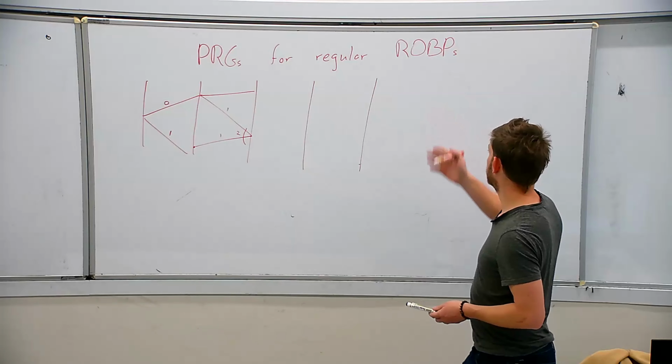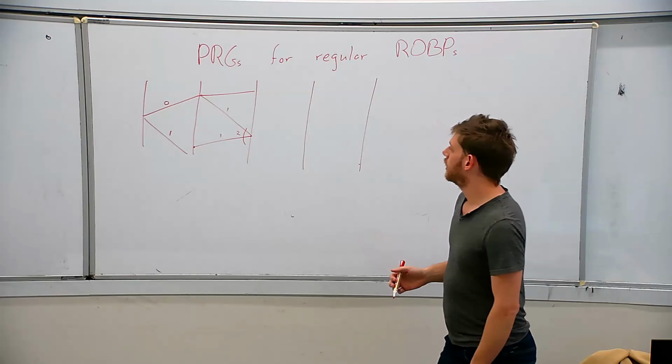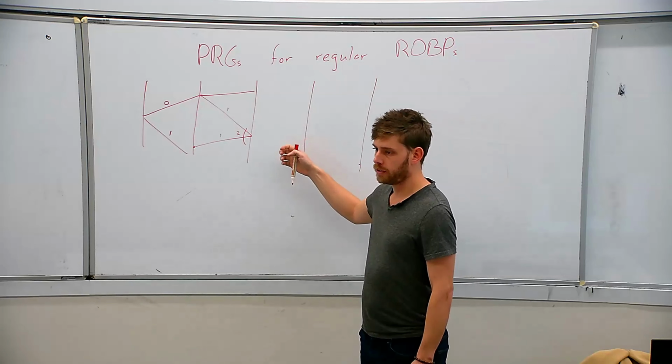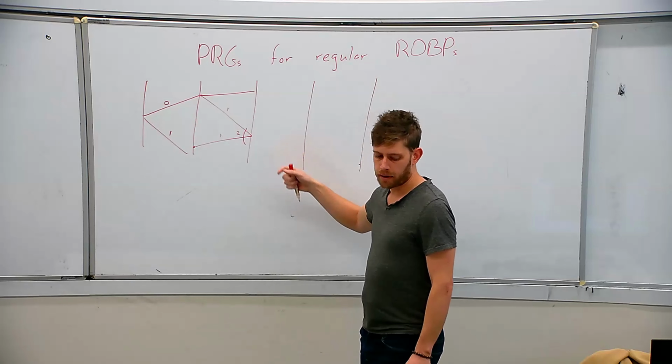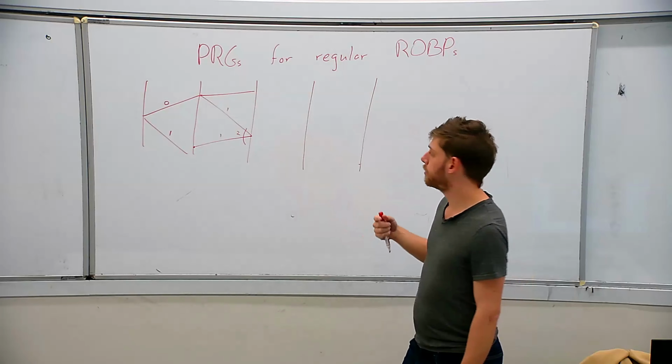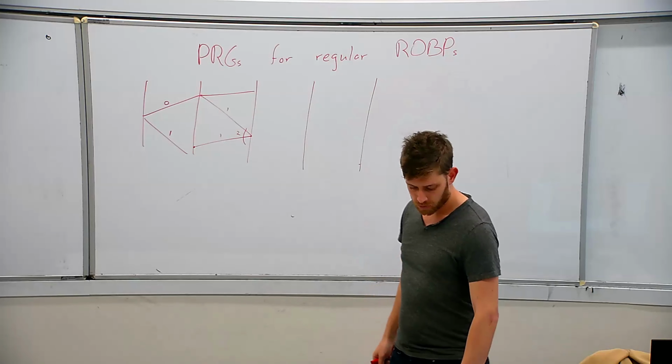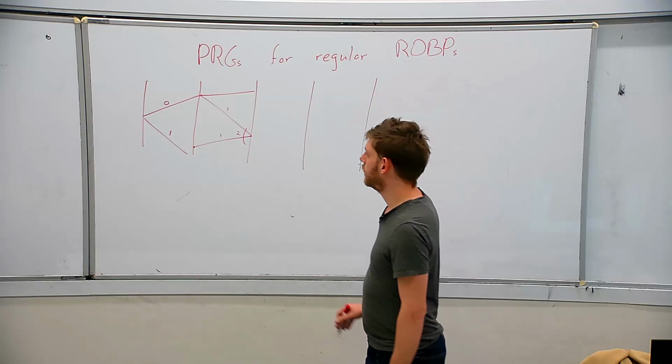And why do we care about these objects? Because there is a reduction that shows that optimal PRGs for regular programs imply optimal PRGs for all ROBPs. Okay, so this is our goal today.